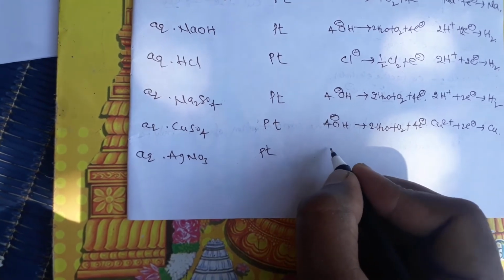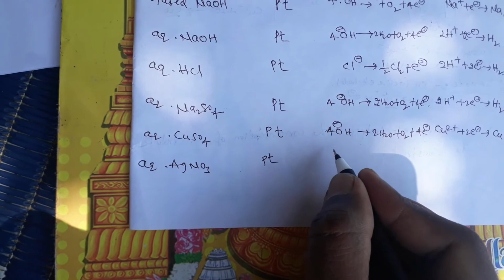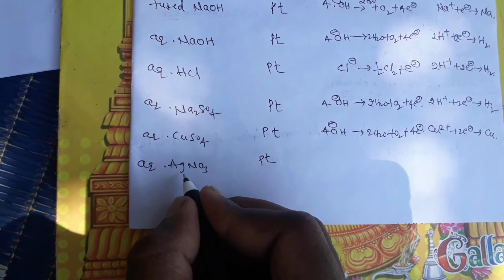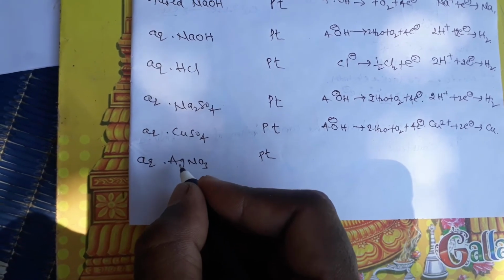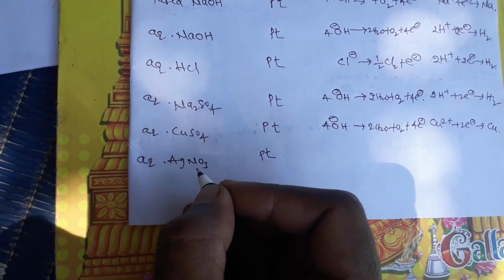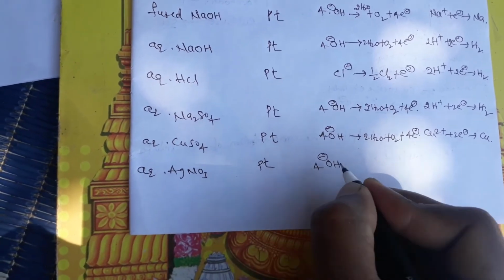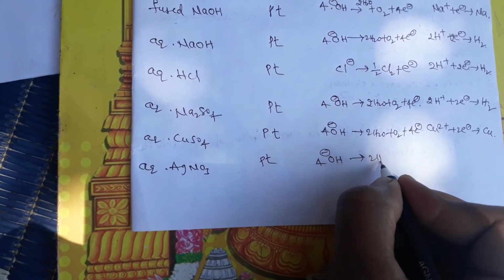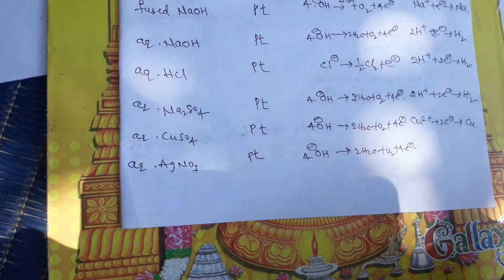Platinum means an inert electrode. So here Ag+ and NO3- are there, and H+ and OH-. Between NO3- and OH-, OH- has the lower discharge potential, so obviously the reaction at the anode will be with the OH- ions.